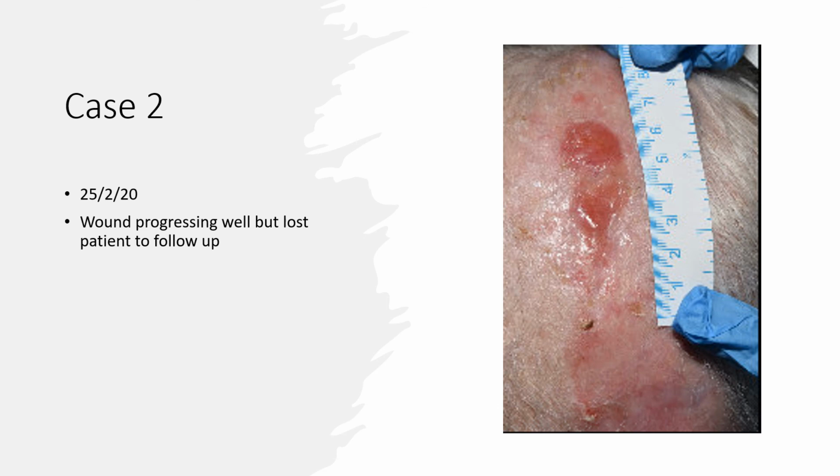And then another 10-12 days later, you can see that the wound is significantly improved. It's much healthier looking, it's smaller, it's flatter. But again, we lost this patient to follow up. And unfortunately, we've never been able to track him down.